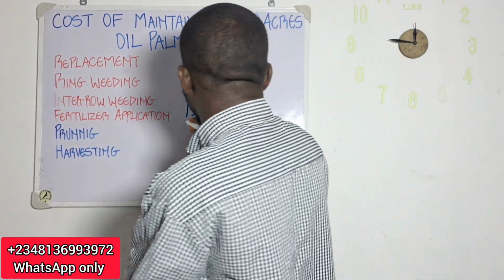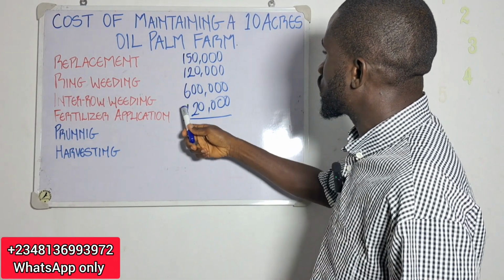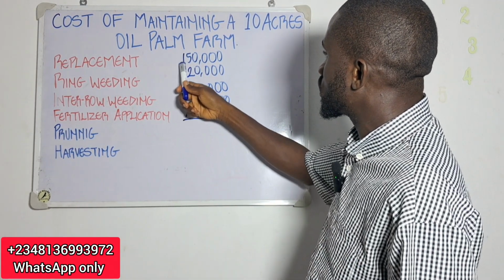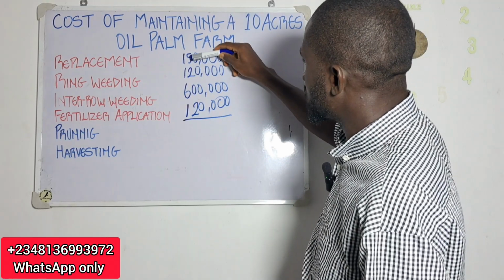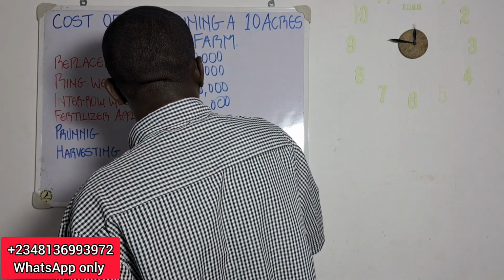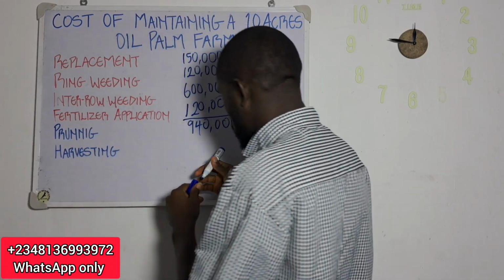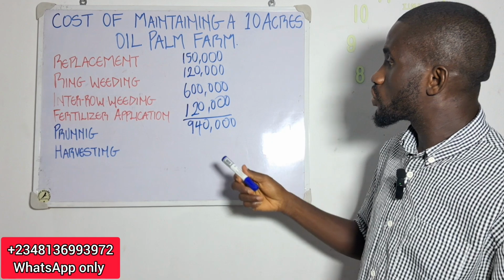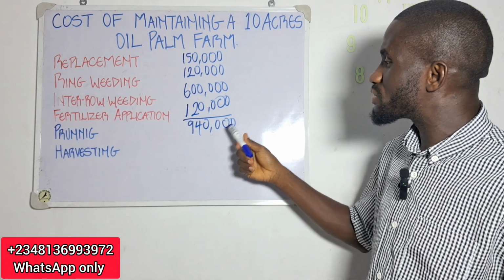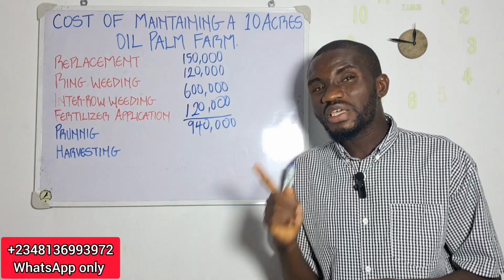So which means we are going to be having 600, 700, 800, 900, 950... 940,000 naira. So in all of this, you're expected to be spending about 940,000 naira a year, which is about a million naira.